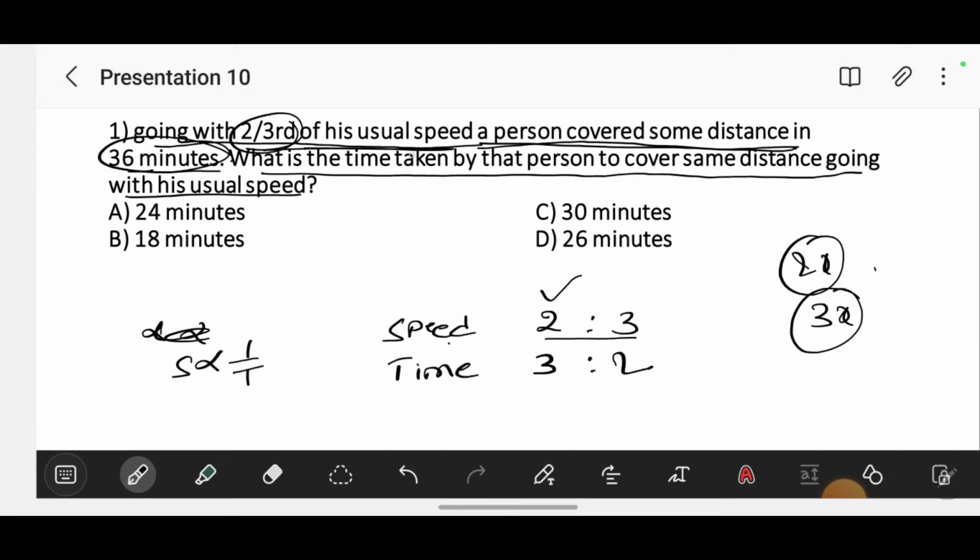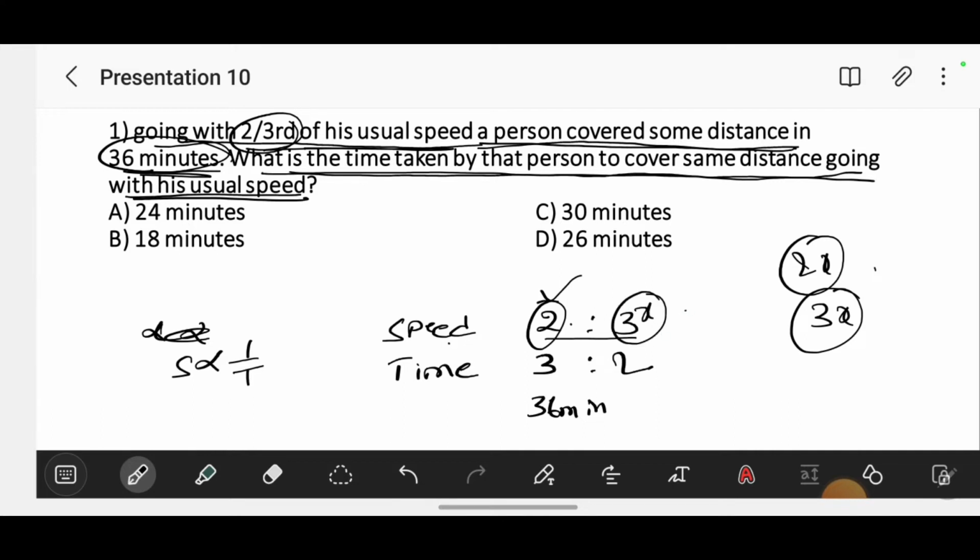If he covers the distance in 36 minutes going at 2x speed, then what is the time taken to cover the same distance going with his usual speed? He is asking what the time will be if he goes with 3x speed.